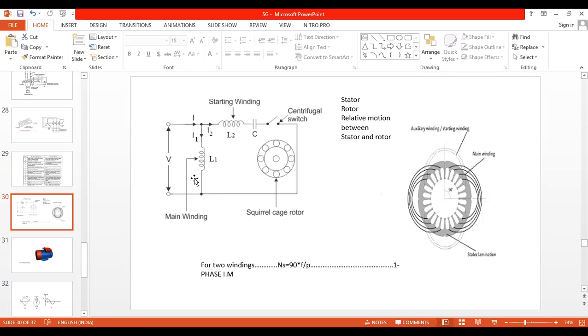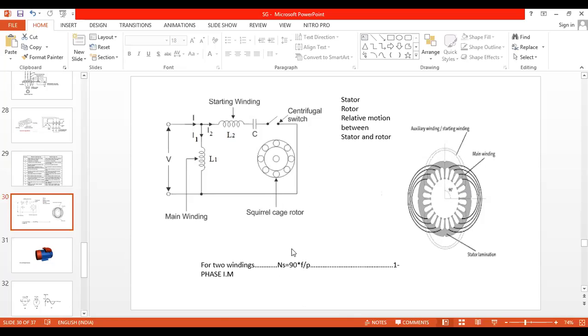As a result, magnetic fields phi1 and phi2 are created. These two magnetic fields are perpendicular to each other. Due to their interaction, a rotating magnetic field is created. The rotating magnetic field cuts the rotor conductors. As a result, due to the interaction between the rotor conductors' magnetic field phi c and the rotating magnetic field, the single phase induction motor starts to rotate.